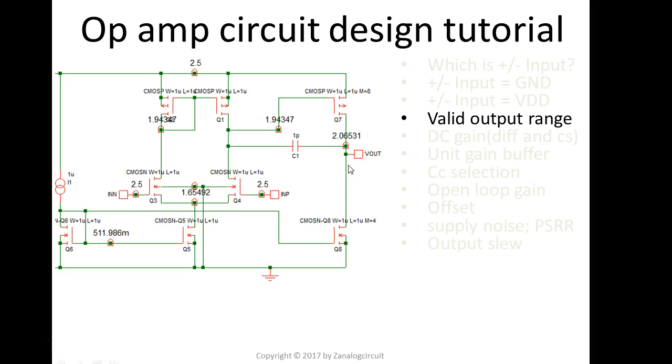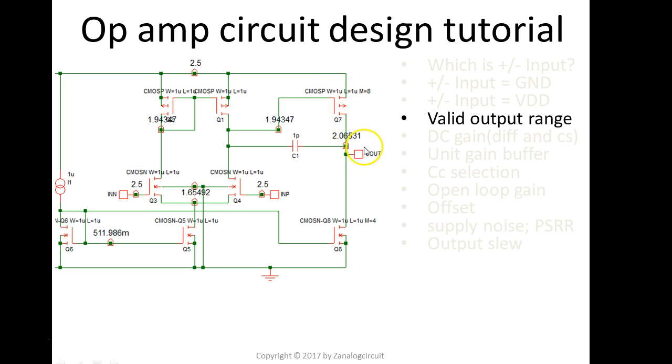Now, what about the output voltage? This is relatively straightforward. As you can see, the output voltage is this guy. Apparently it cannot go as high as 2.5 volts or as low as ground. It needs to be somewhere in between, to give this Q8 some room for the VDS and give this Q7 the same thing, some room for the VDS.